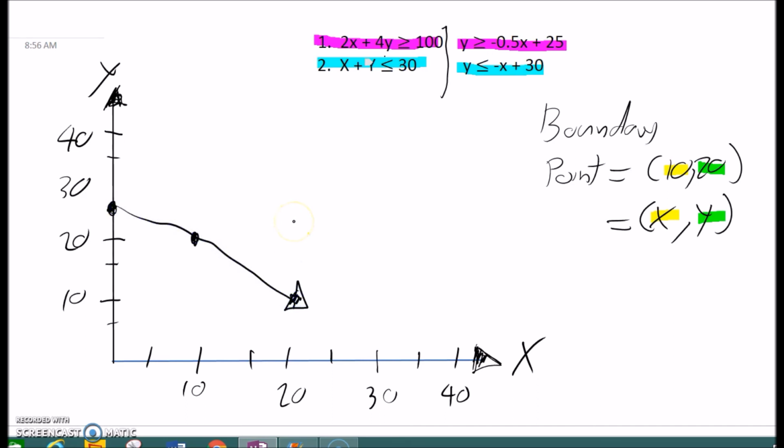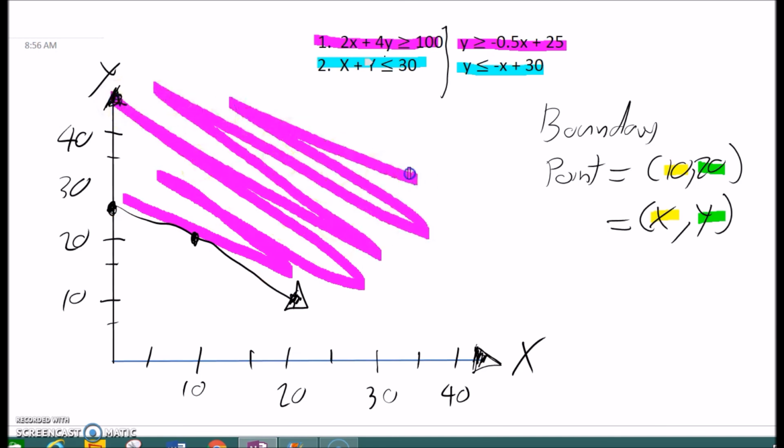And also we know that y is greater than the value, so we will shade above the line. And for the second equation, it would be the same thing with the boundary point, but also it's linear, and we know that the y-intercept is at 30, so it's going to be around here.